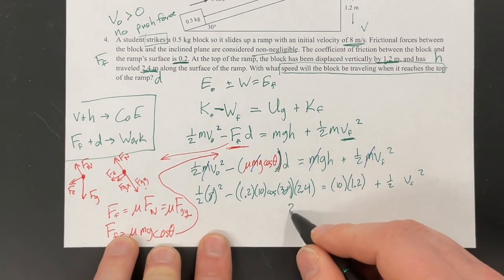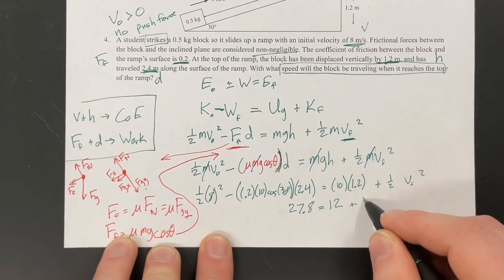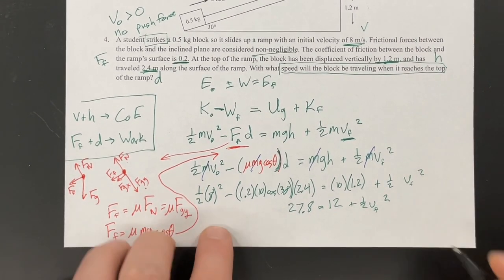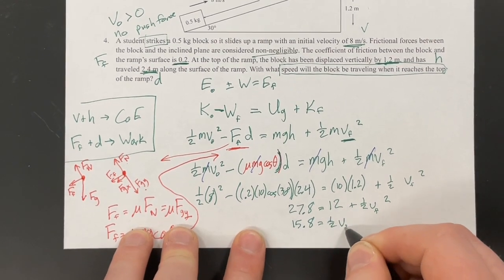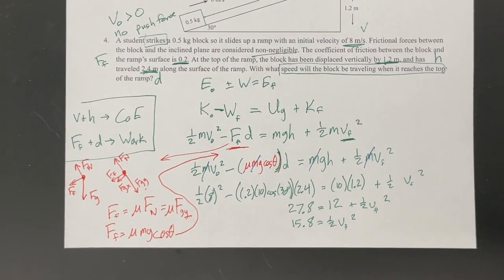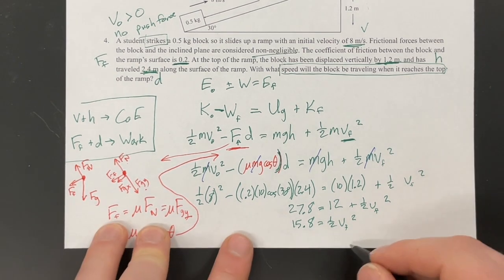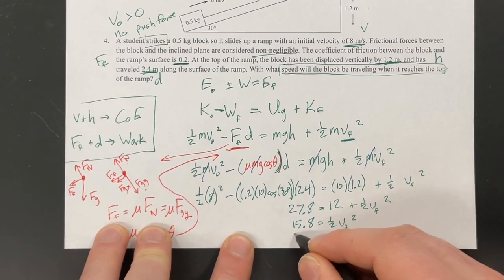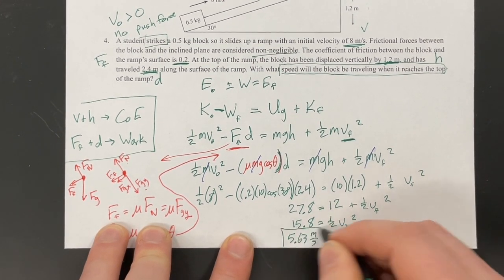I get the left side is 27.8 equals 12 plus 1/2 v final squared. So 15.8 is 1/2 v squared. And I get final velocity 5.63 meters per second.